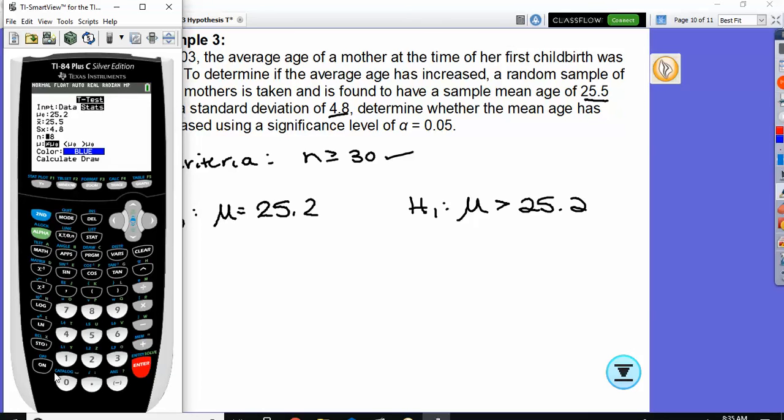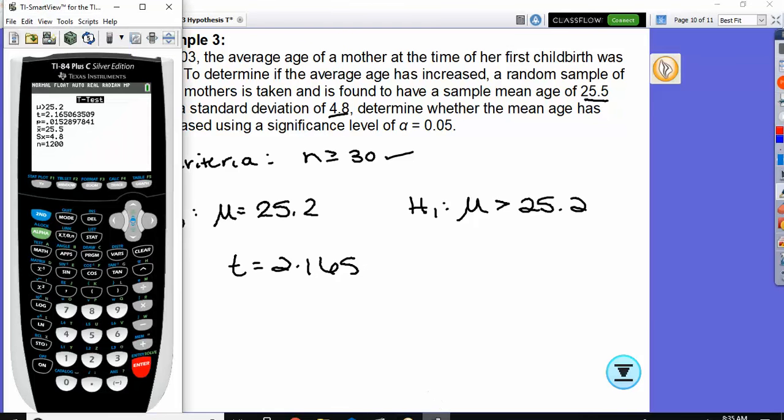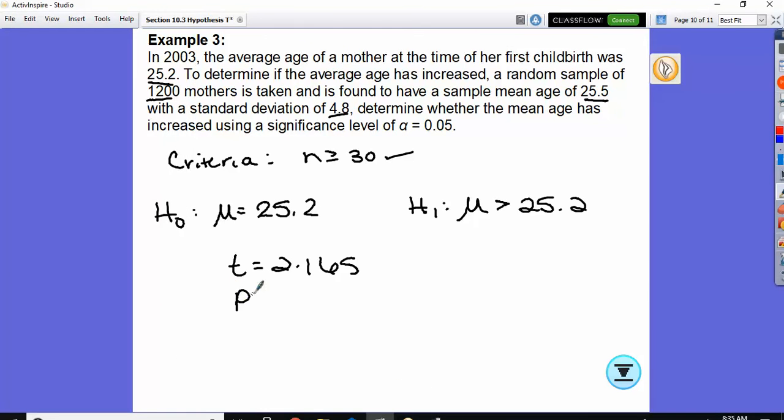My n was 1,200. And my alternative, I'm checking greater than this time. My t is 2.165. P is 0.015.